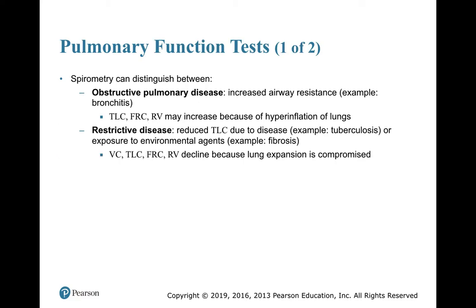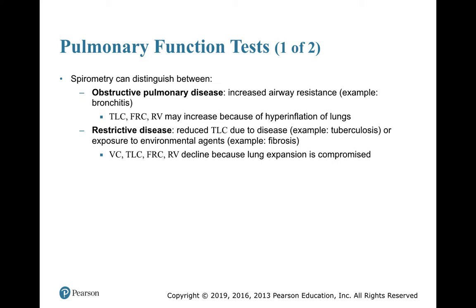So some pulmonary function tests can be used to distinguish between obstructive pulmonary disease and restrictive pulmonary disease. In obstructive pulmonary disease, we get an increased airway resistance. Bronchitis would be an example of that. So the TLC, FRC, and RV would increase because the lungs are hyperinflated.